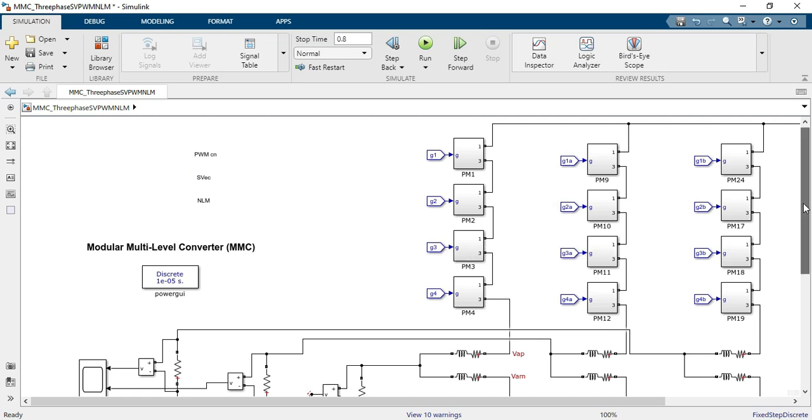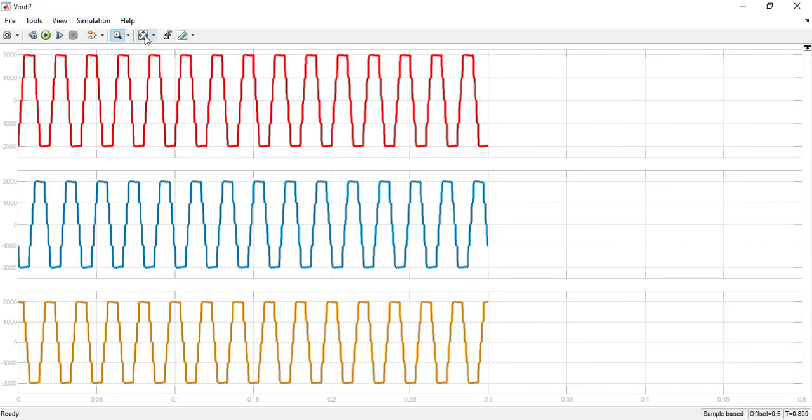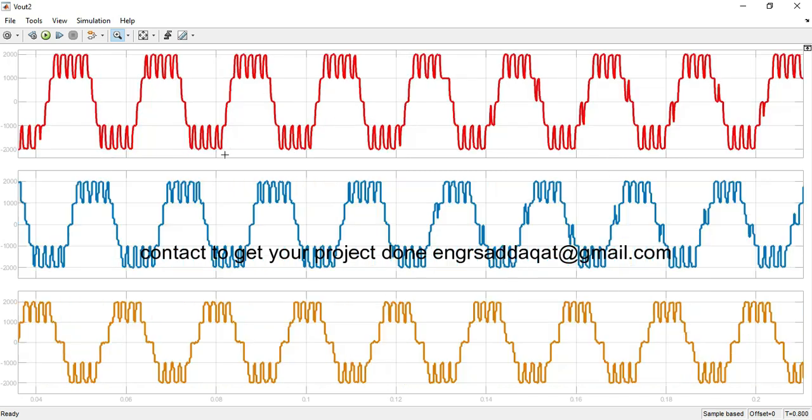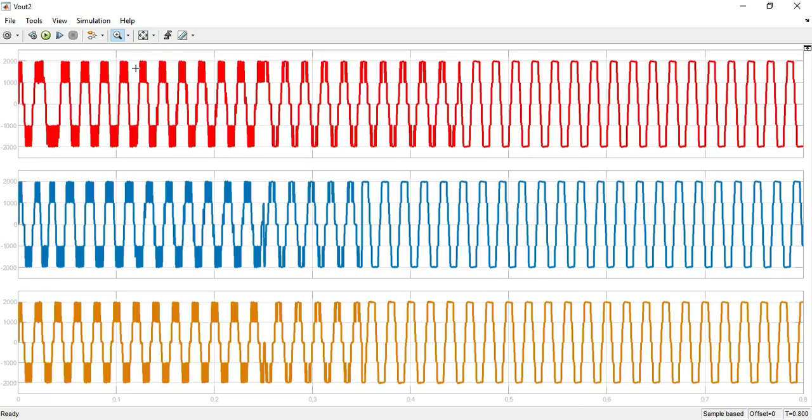So I have run this. Let me show you the output voltage. Here you can see the output voltage of the PWM. With the PWM, you will have lots of switching, because it's a high frequency technique.